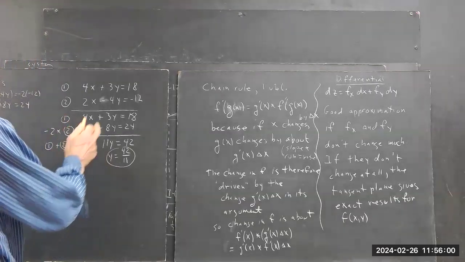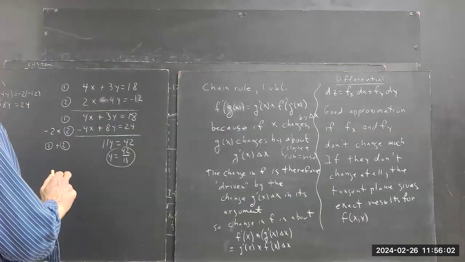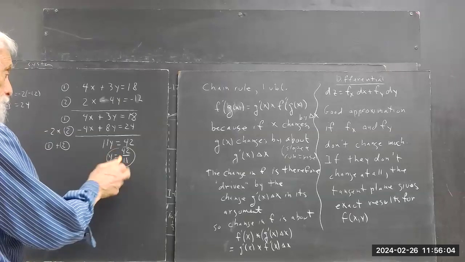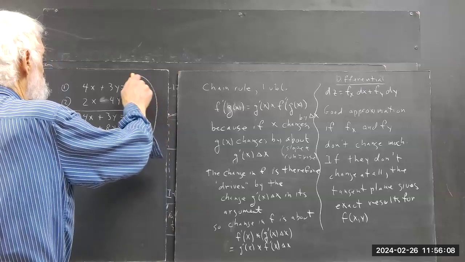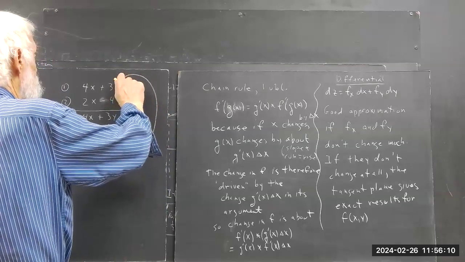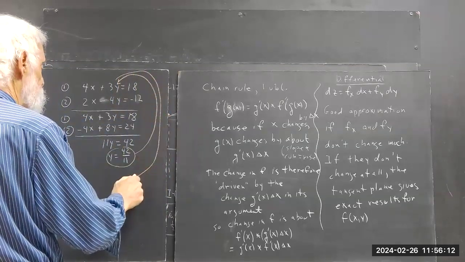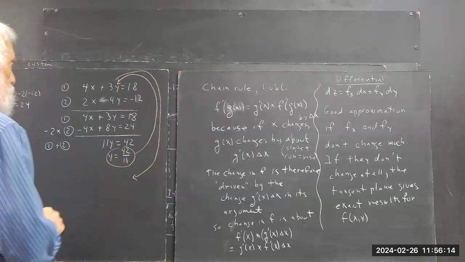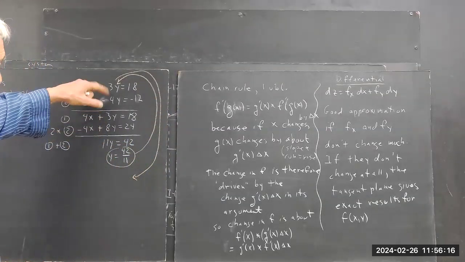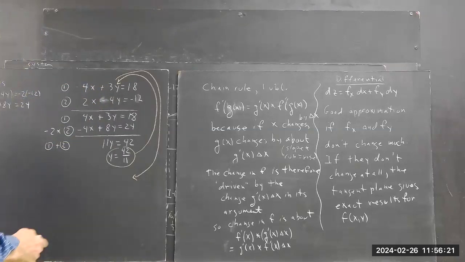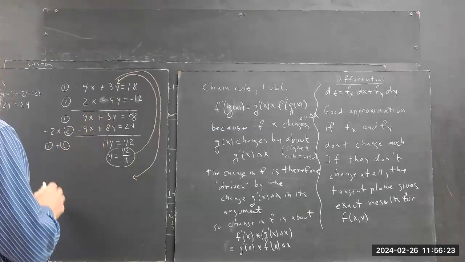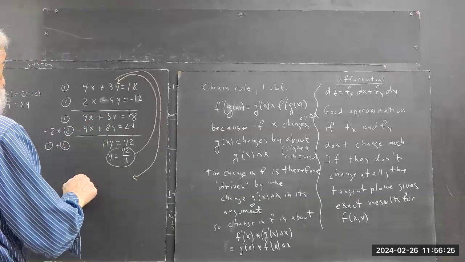If the coefficient of y in one of these equations had a factor in common with 11, then we could use that equation. Otherwise, as in this case, 11's prime, the only way you'd have a common factor would be if we had an 11, or a multiple of 11, in one of these.